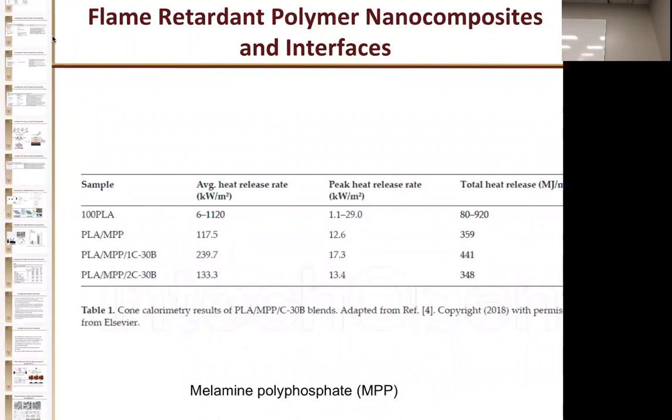This is close right here. We see a peak heat release rate here, and it's lower in all of them. The higher loading of the clay worked out really well, and the total heat release is lowest with the 2% clay as well. Melamine polyphosphate is a common bulk additive used as a flame retardant material. It's usually used at 15%.